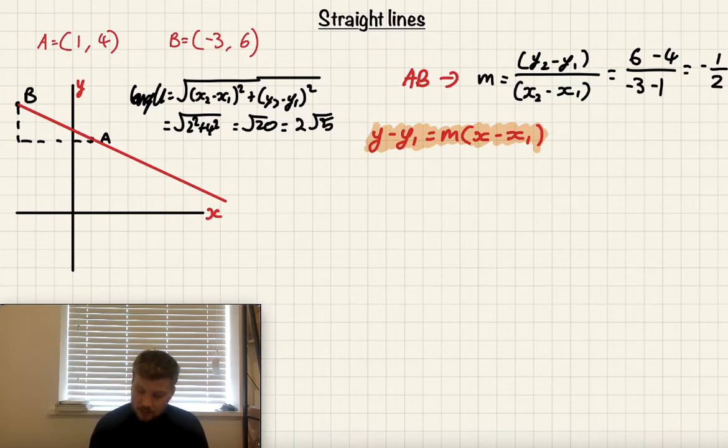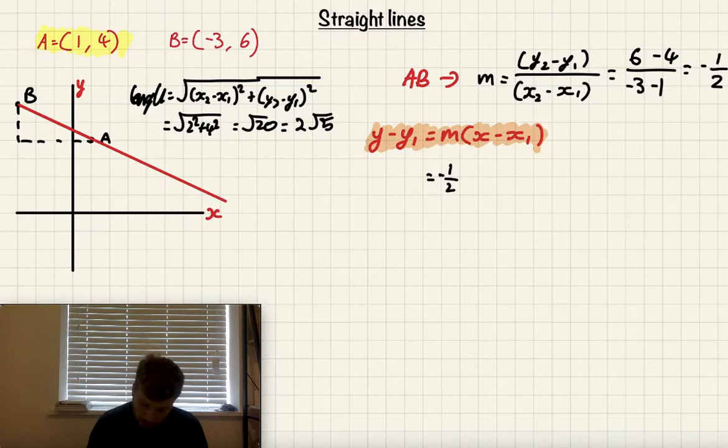So, looking at this, I've got the gradient as negative a half, so I can just put that in here for m. And a point on the line, let me just use point A, which is 1, 4. So, y subtract y1, don't make a silly mistake here, we need a y coordinate, which is 4, is equal to x subtract x1, and our x coordinate is 1.